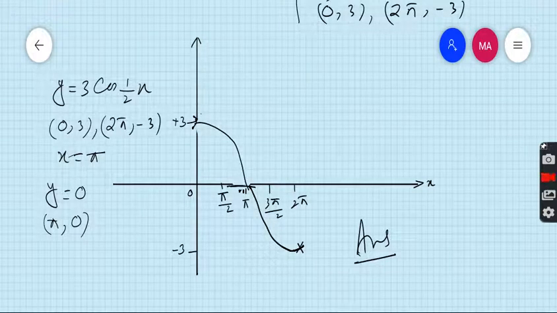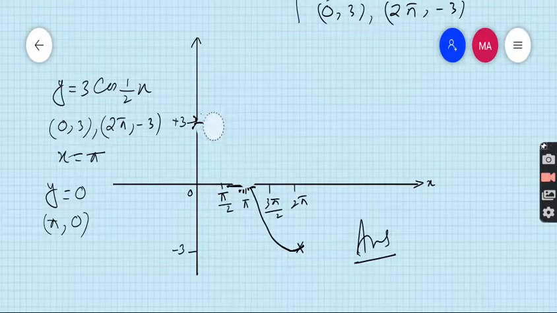Because I am using a digital pen, it is not a very smooth curve. I will try my best, but unfortunately my drawing is not good. So kindly draw as smooth a curve as possible.